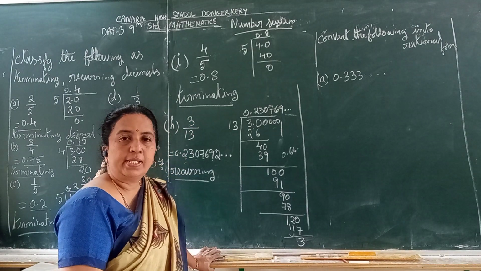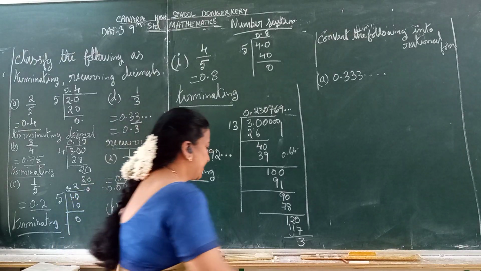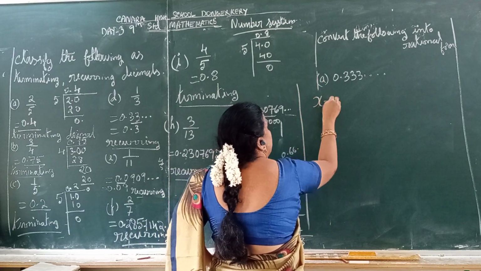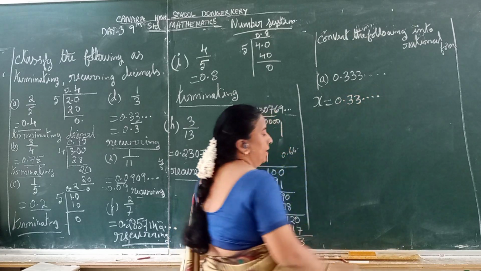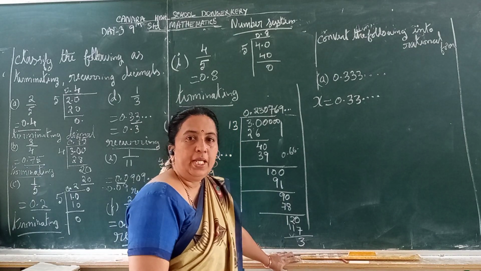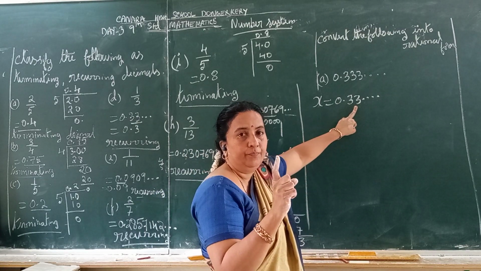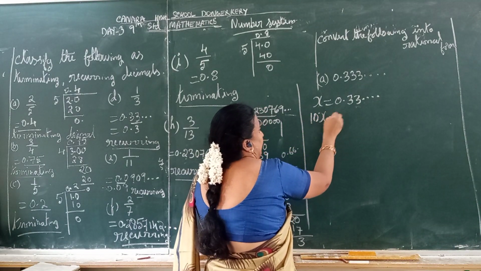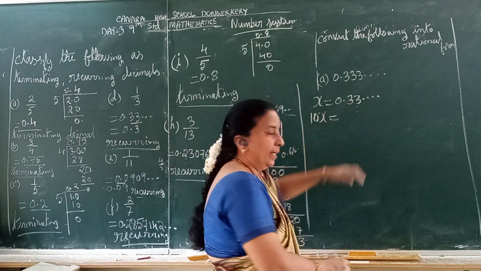First, we take the given decimal, where a single digit is recurring. Next we have to take 10x. That means it should be multiplied by 10.